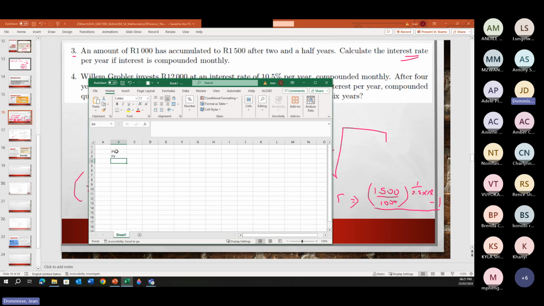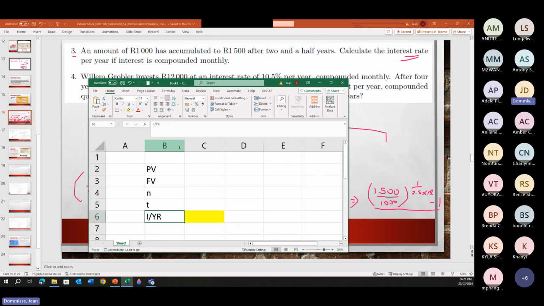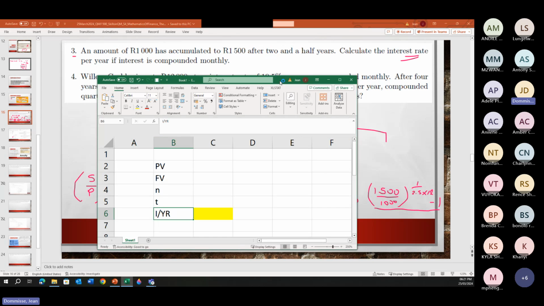In this instance, we're going to work out the interest rate per year. And then the other two things that we have are N and T. Let me just make this bigger so that you guys can see.